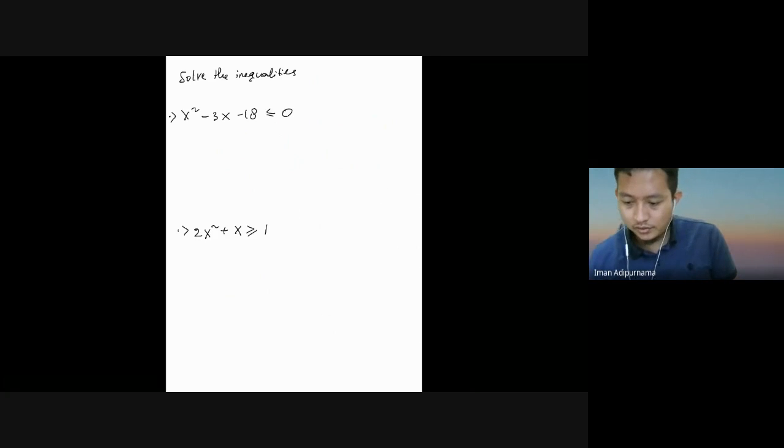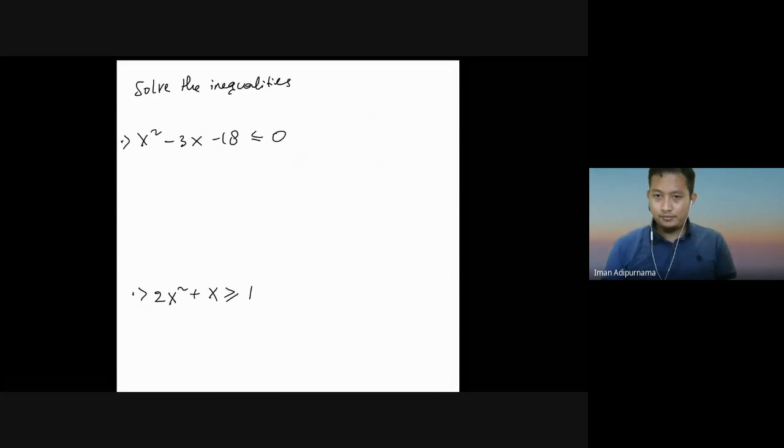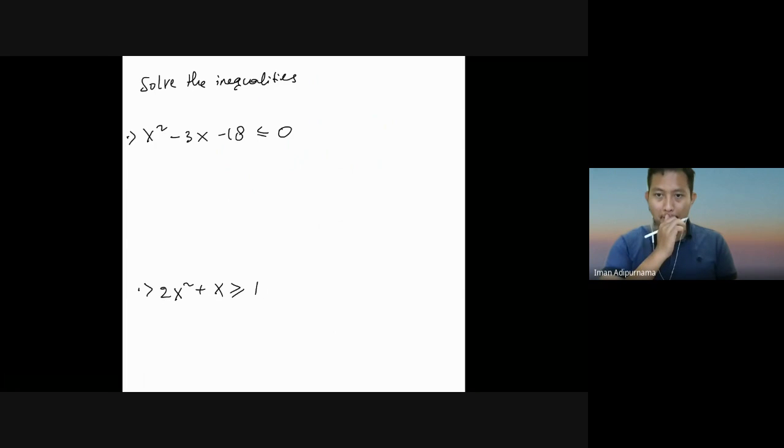Okay, for the first one, what is the answer? Negative 3 less than or equal to x less than or equal to 6. Yeah, good.